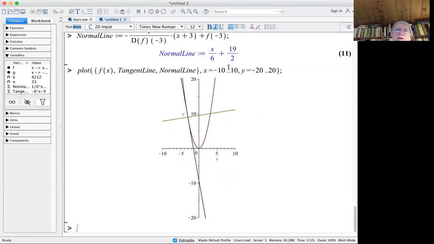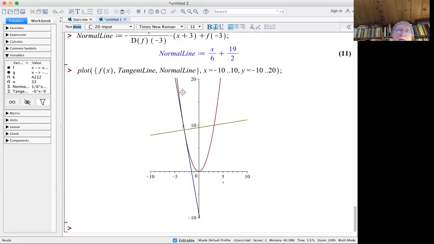That's a little bit better. So now it's drawn to scale. The red is the parabola, the blue is the tangent line, and the green is the normal line. Good.